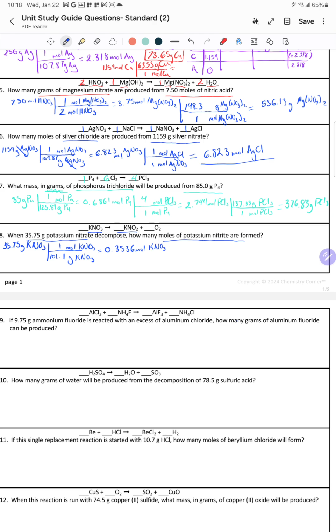Now I've got to convert it into moles of potassium nitrite. So I'm trying to get to moles of potassium nitrite, which is KNO2, from moles of potassium nitrate. So first thing I've got to do is make sure I have a balanced chemical equation.